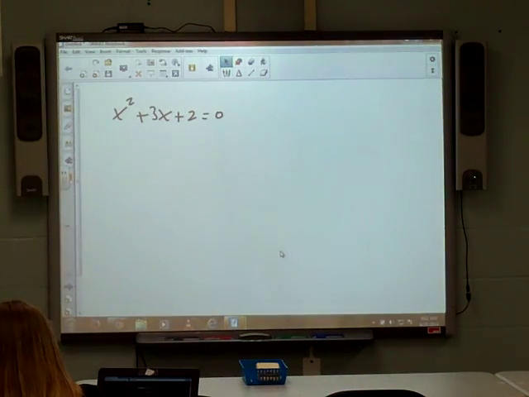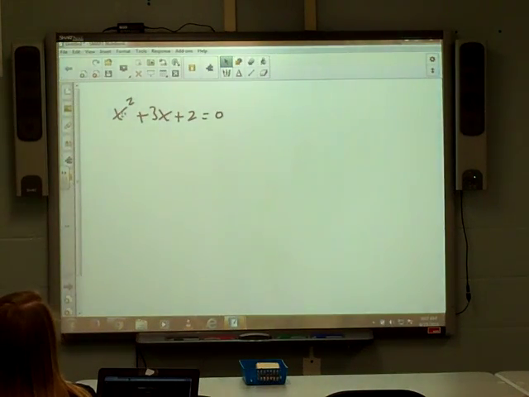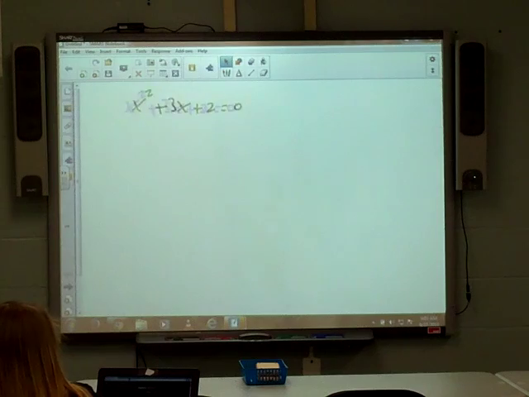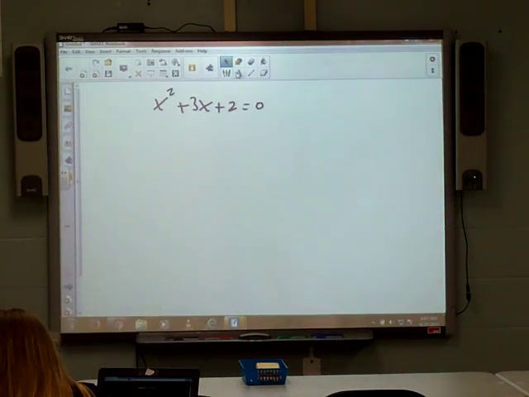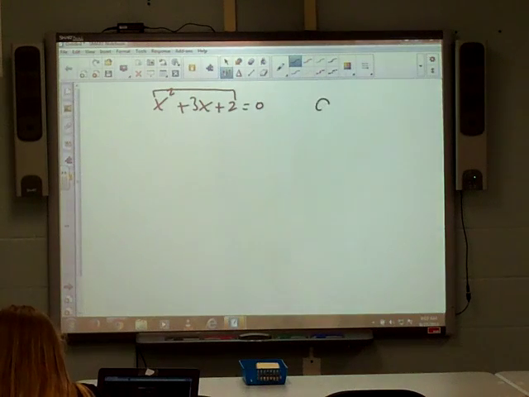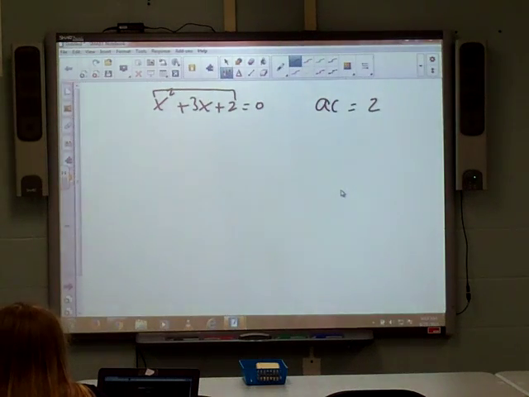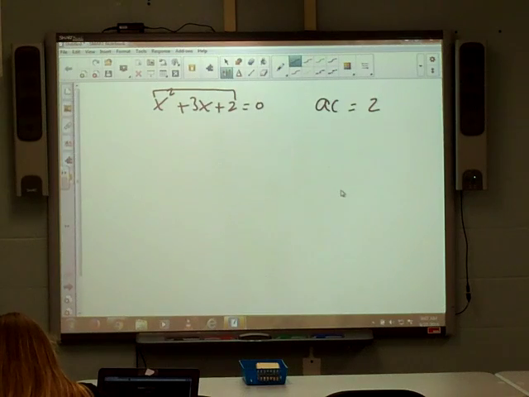Everybody, ax squared plus bx plus c equals 0. It's good to go. So after we figure that out, we take our a and we multiply it by our c. A times c. What's my a? So 1 times, what's my c? 1 times 2 is 2. So a times c is 2, right? Now that's easy because there's not very many factors of 2.